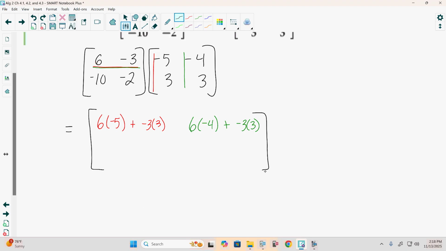And we would keep going if there were still numbers below 3. Questions on this so far? Now, if there was a third column on that second matrix, again, we would go over and down. We would keep going with that first row with each column that the second matrix had.